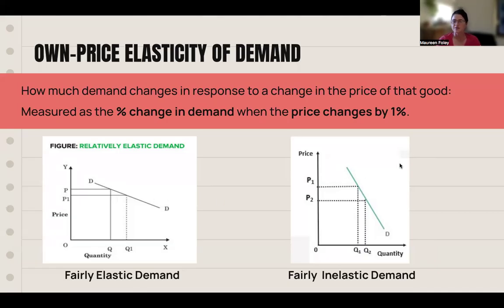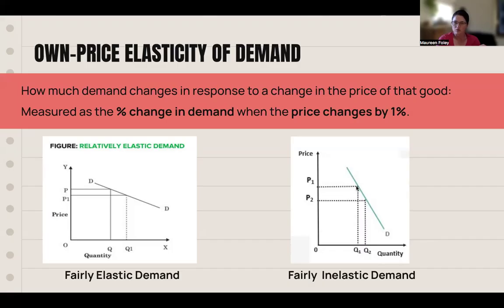Now, something that has fairly inelastic demand has a really steep demand curve, closer to a vertical demand curve like this. And what that tells us is that a large change in price results in a fairly small change in quantity.